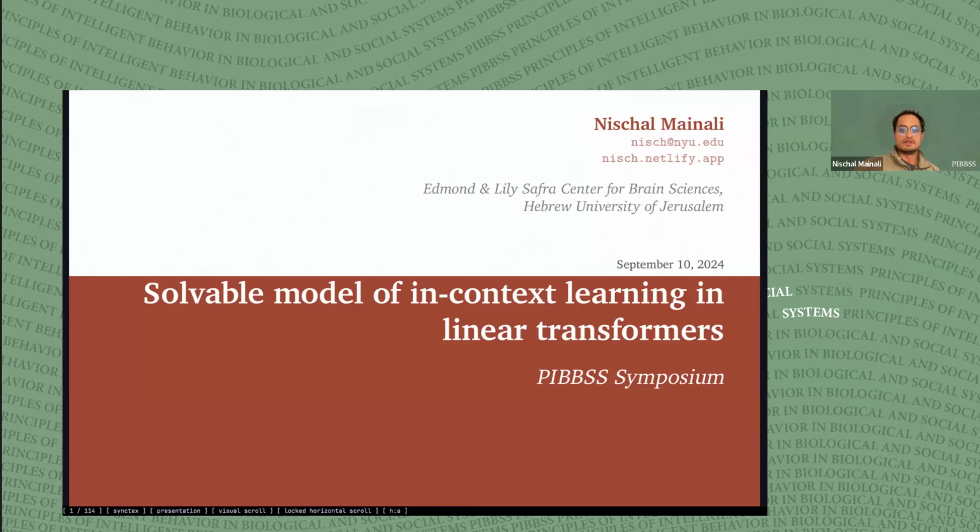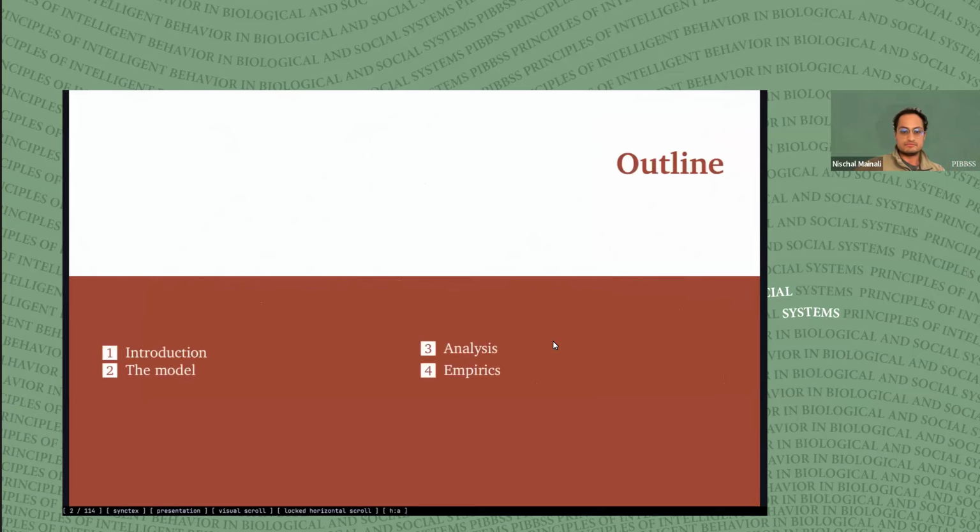Cool. So this is going to be the outline. There's roughly 4 parts. I will give an introduction to transformers and some observations that relate to the work, followed by the model. This part will be long, explaining the model, various parts of it, and so on.